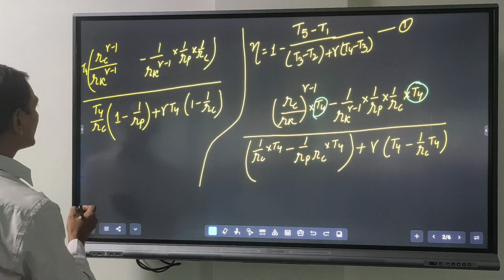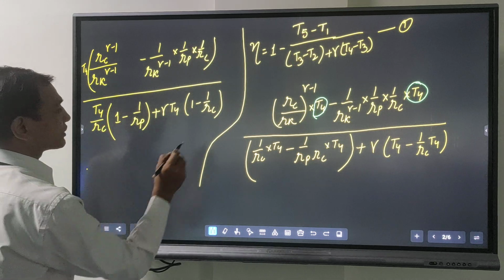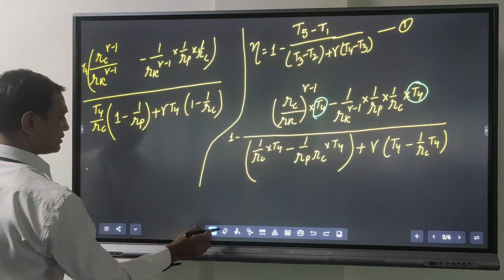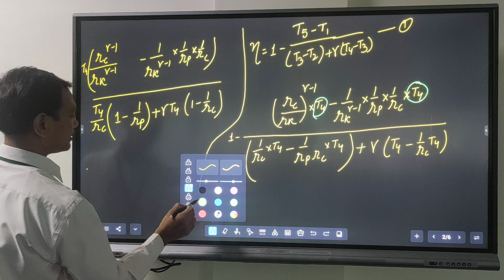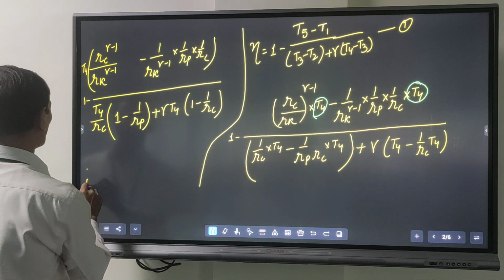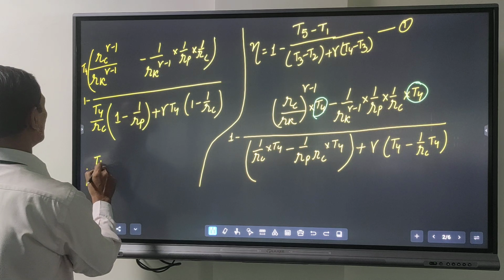So we can write 1 minus efficiency, 1 minus T4.